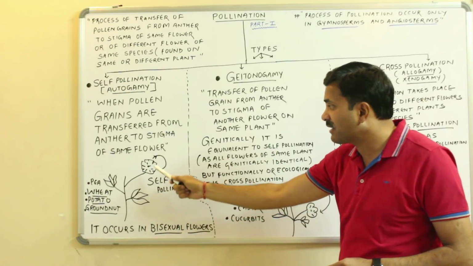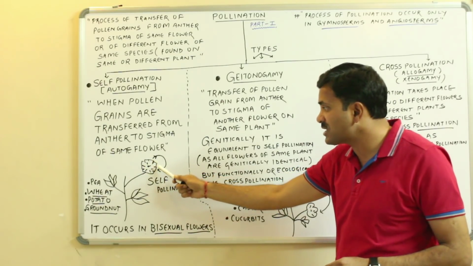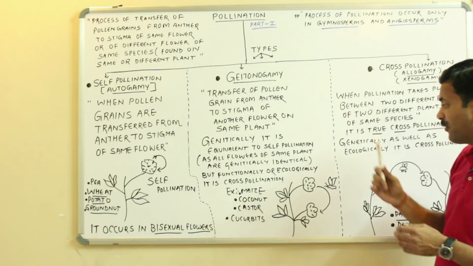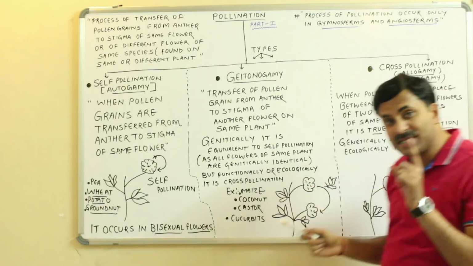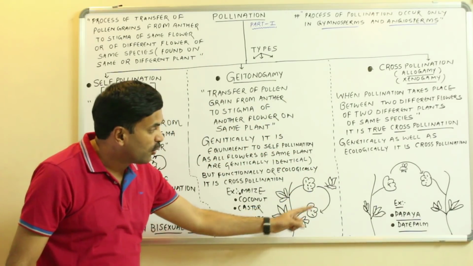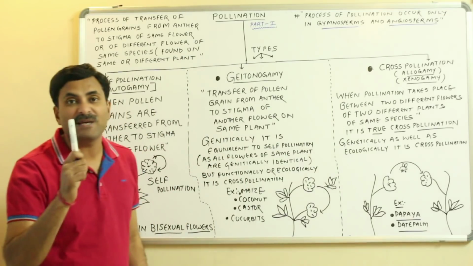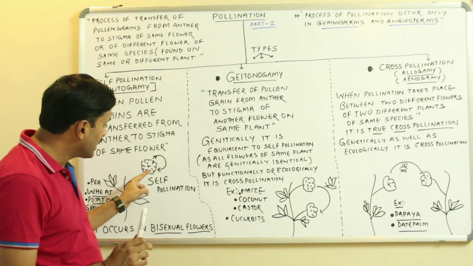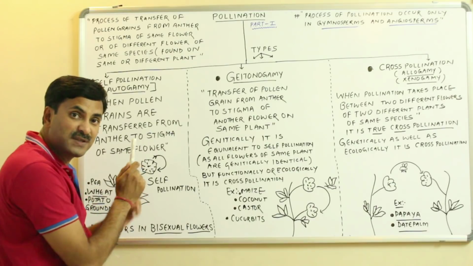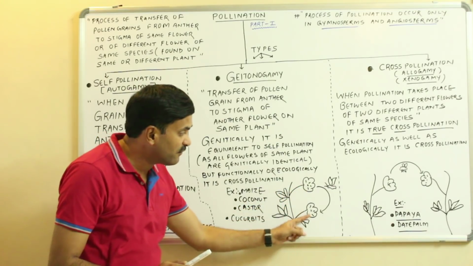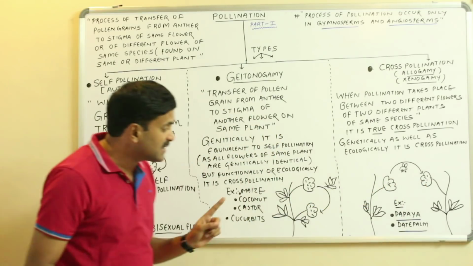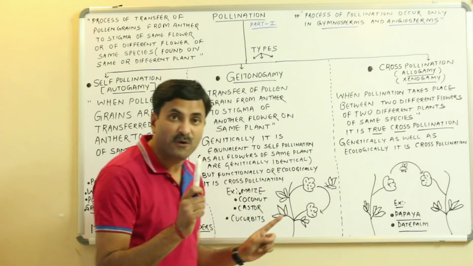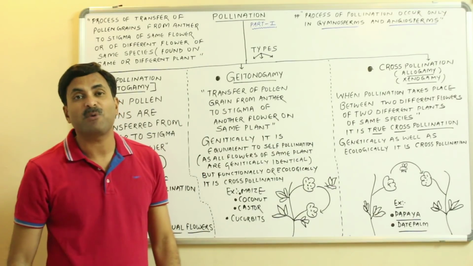You can see it in the diagrams also. I am repeating once again: the process of transfer of pollen grains from anther to stigma of the same flower or a different flower, present on the same plant or two different plants but of the same species, is called pollination.